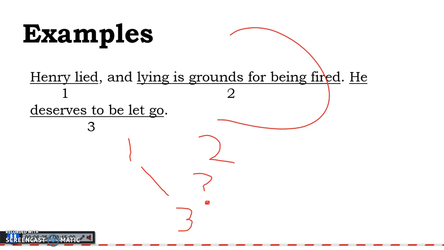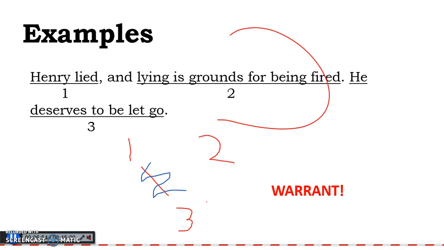If we remember our terminology, we remember that number 2 is an example of what we call a warrant. The warrant is that idea which connects reason and claim, which in this case connects number 1 with number 3. What idea connects the statement, Henry lied, with he deserves to be let go? Lying is grounds for being fired. That's the connection. That's the warrant.